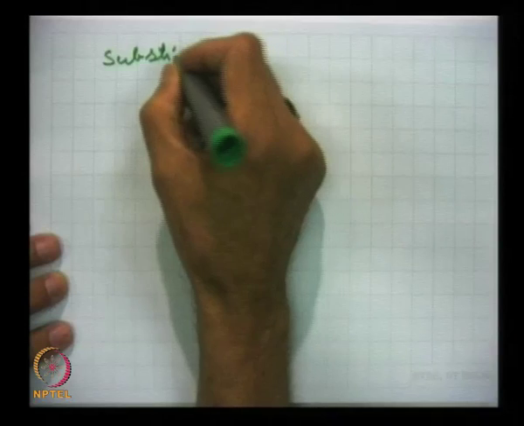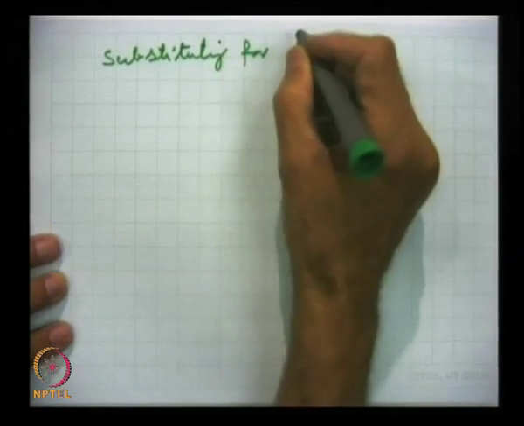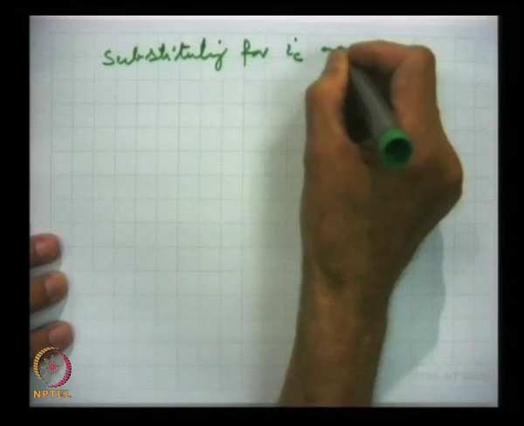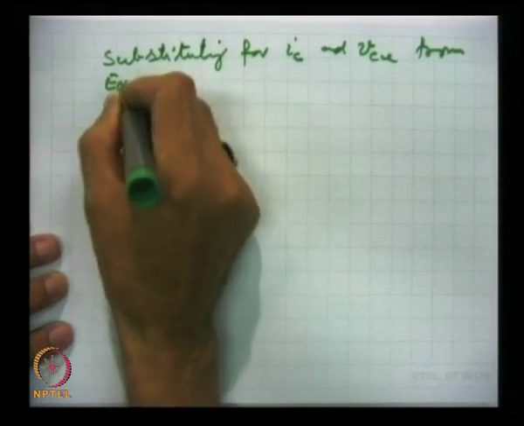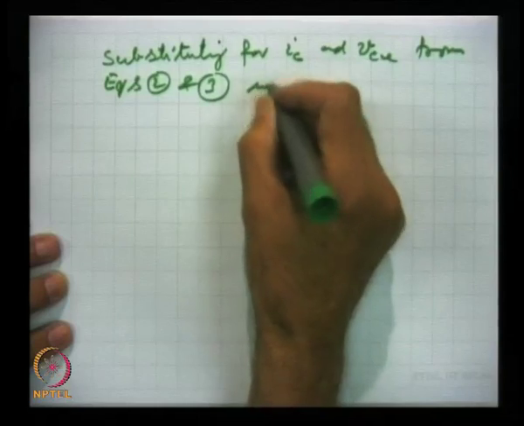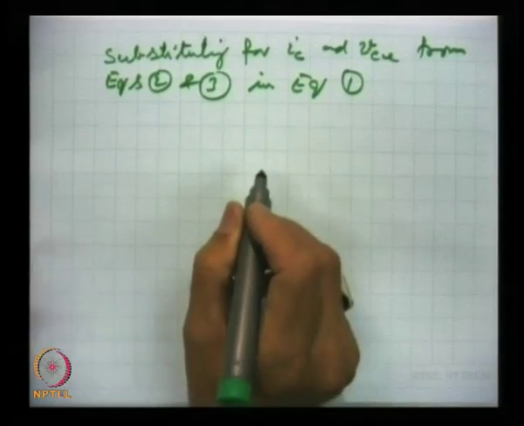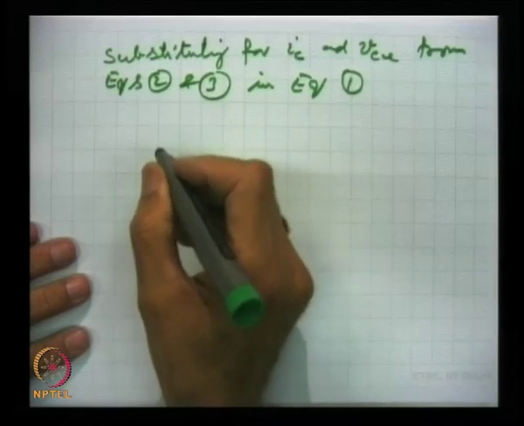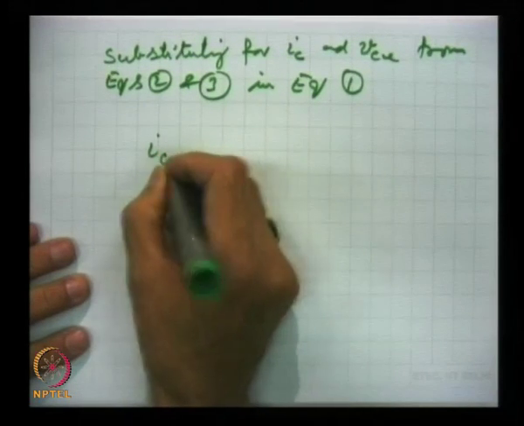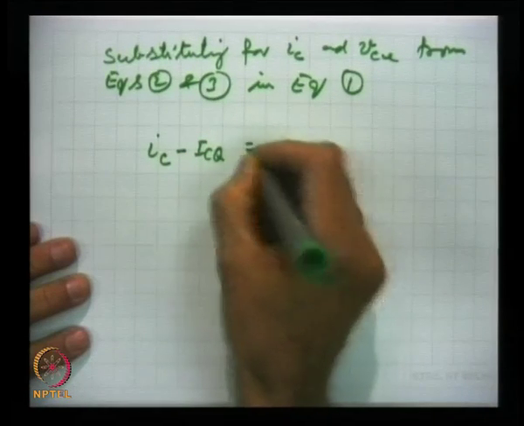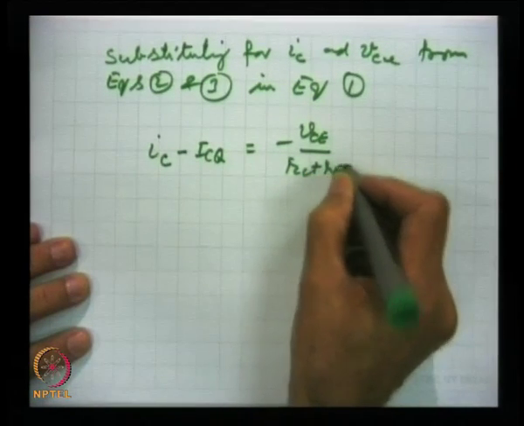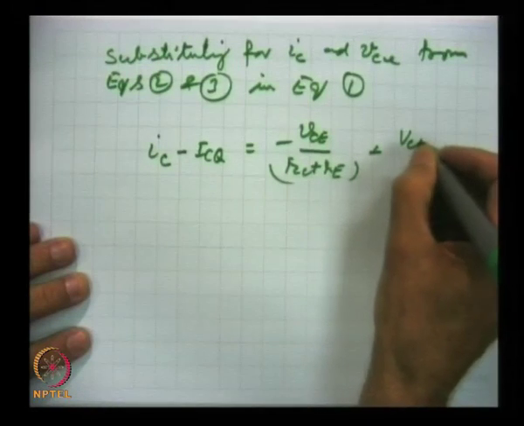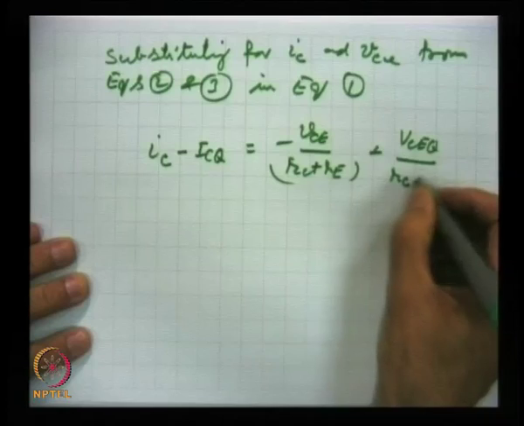So, substituting for ic and vce from equations 2 and 3 in equation 1, this gives us IC minus ICQ equals minus VCE by RC plus RE plus VCEQ by RC plus RE.